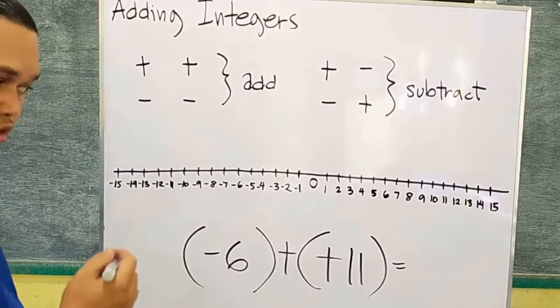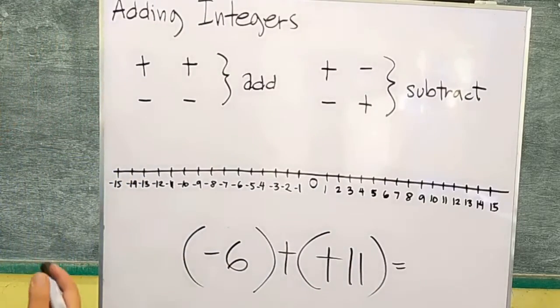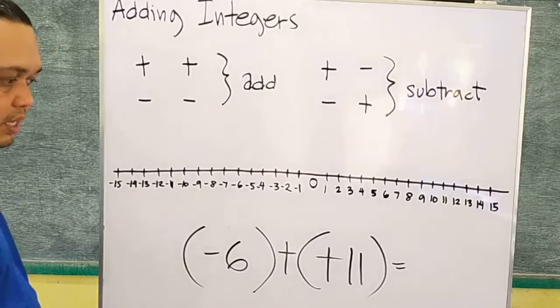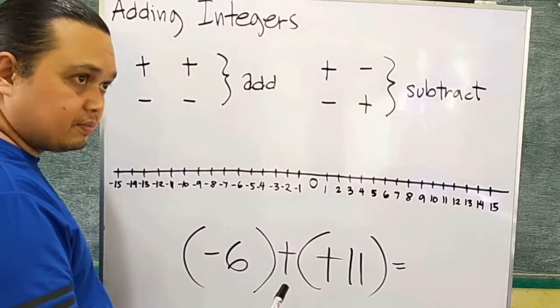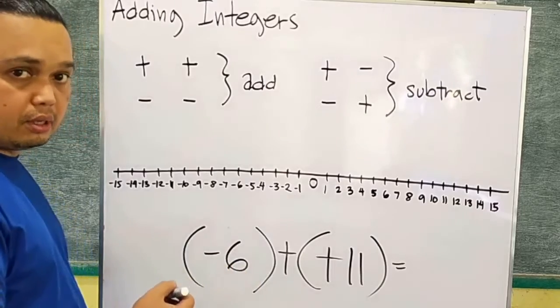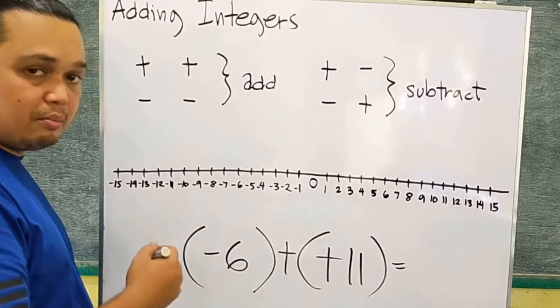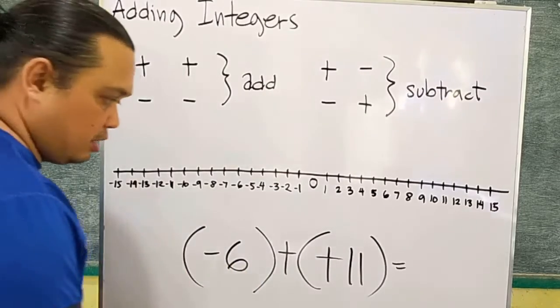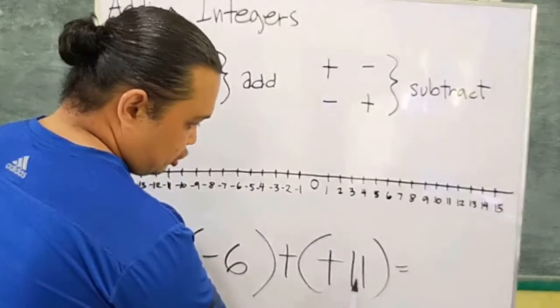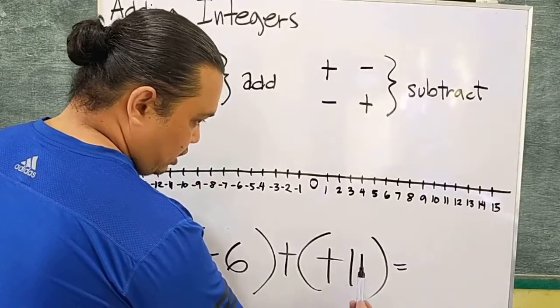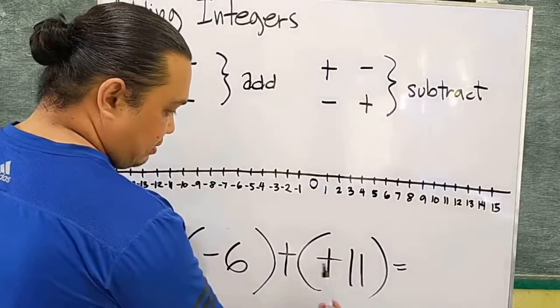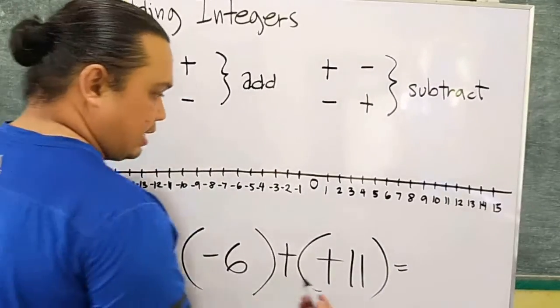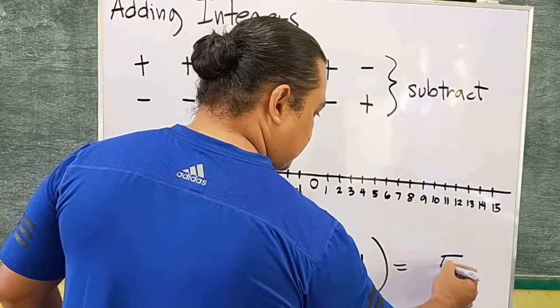So let's subtract the numbers first. Subtract the smaller number from the bigger number. We have 11 here, so we subtract 6 from 11, or 11 minus 6, and that is 5.